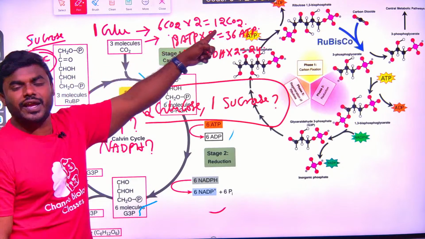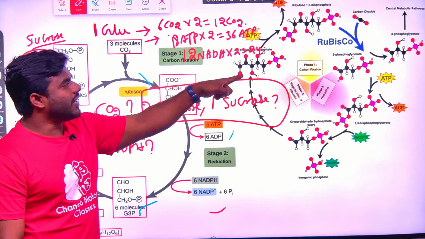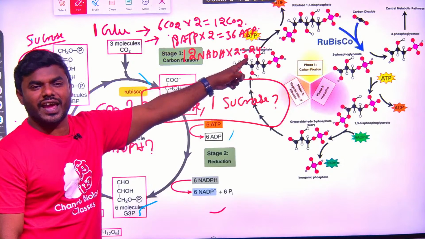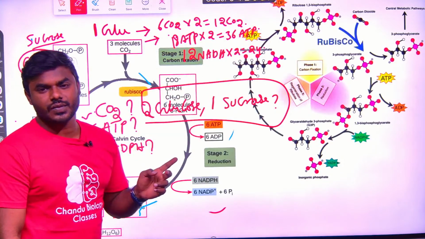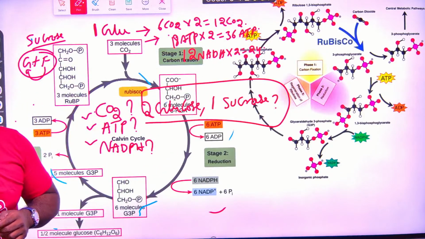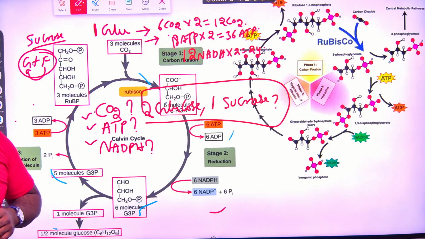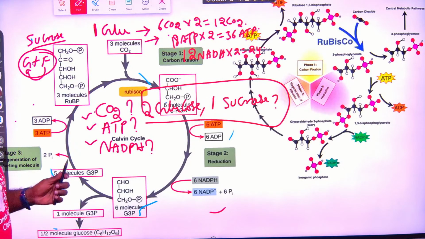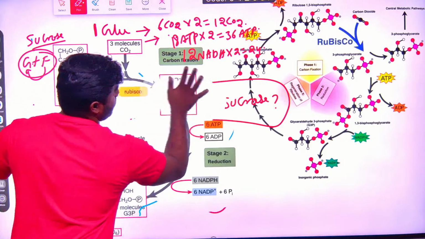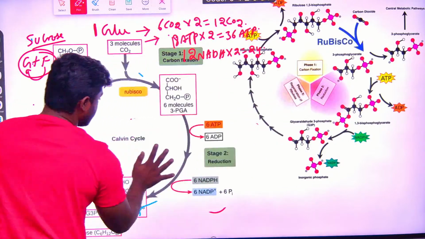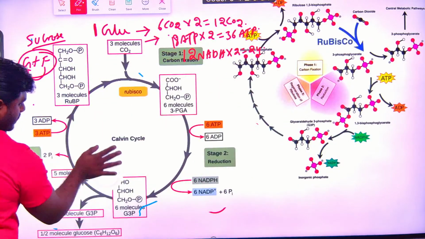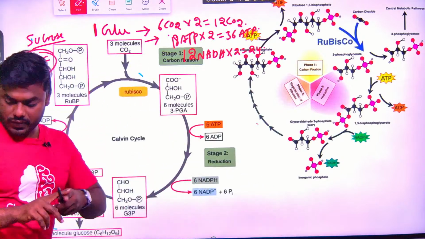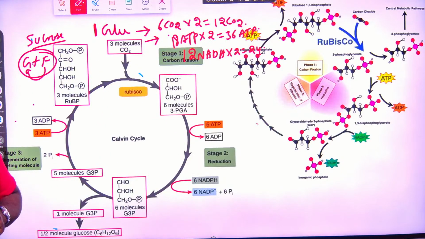Hence obviously 12 carbon dioxide, 36 ATP and 12 NADPH are required. Correct or not? Is it clear to everyone? Online people, understand clearly? Please confirm.